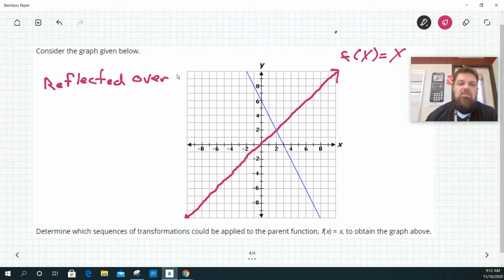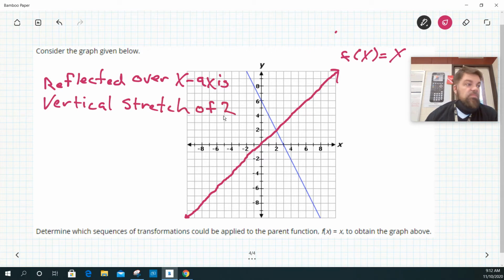And you guys should remember this from when we did this in our geometry class, the reflections. We reflected over the x-axis, and then we did a vertical stretch of 2, and then we shifted up 6 units. And I'll explain what that means in a second.